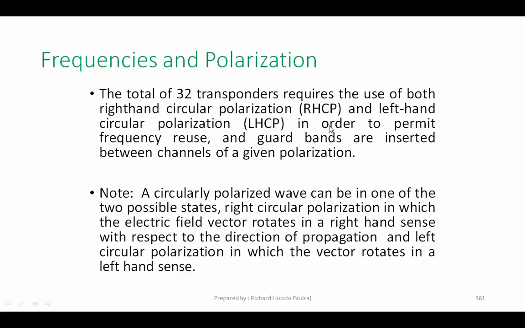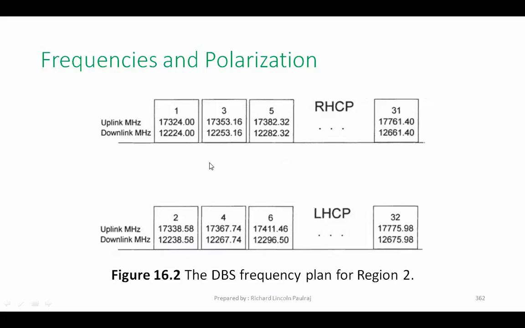right? In order to permit frequency reuse, guard bands are inserted between the channels of a given polarization. So you can see that guard bands are actually inserted in between. It's not that these squares are overlapping, right? There is a small distance between each transponder.